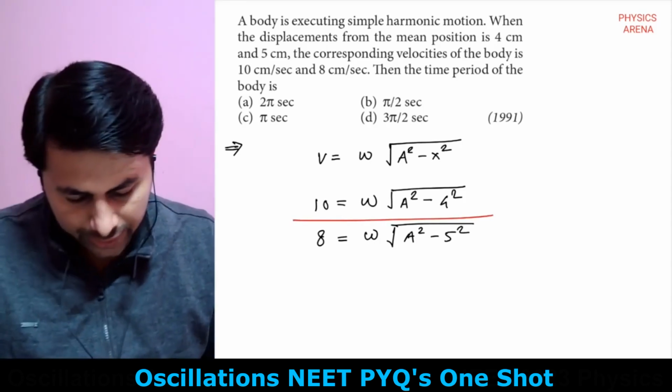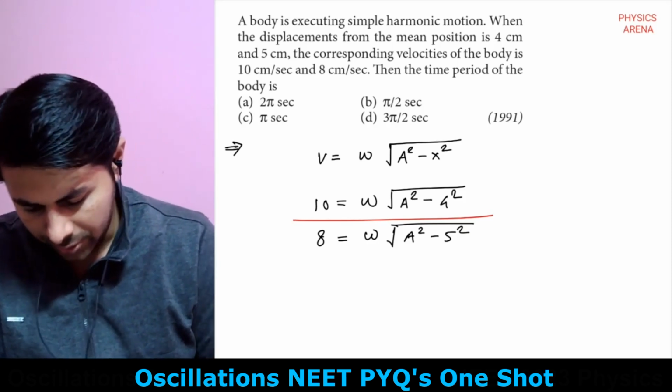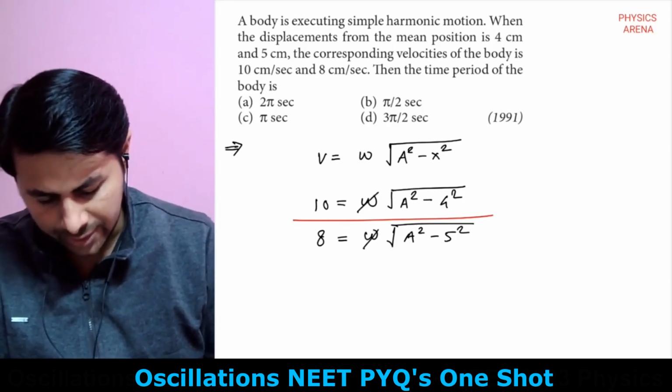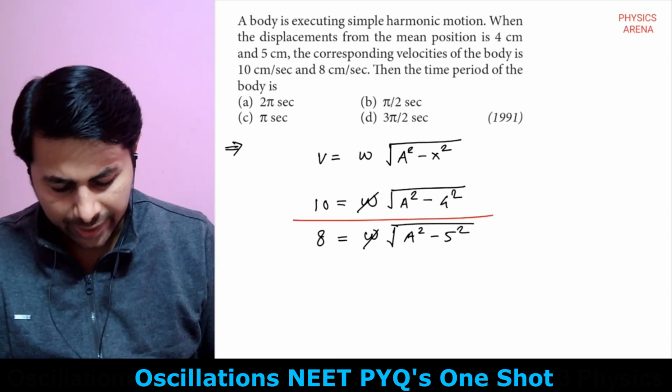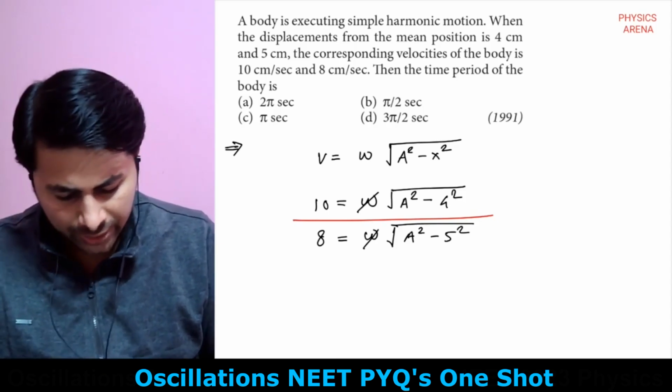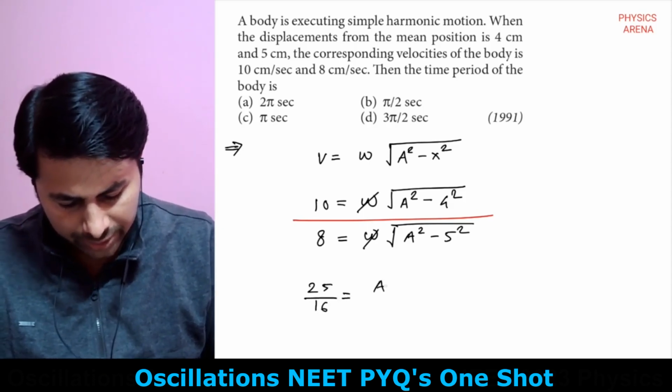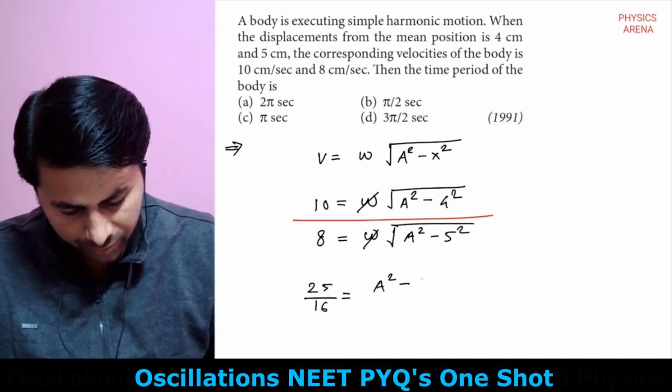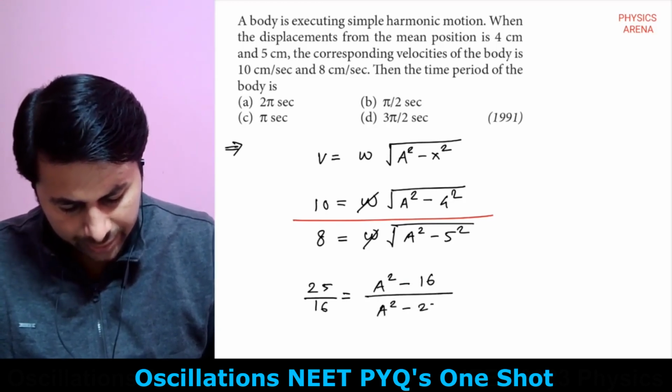Okay, so let's do that. Dividing, omega gets cancelled. So we get 10 by 8 or 5 by 4, and squaring that we get 25 divided by 16 equals a square minus 16 upon a square minus 25.